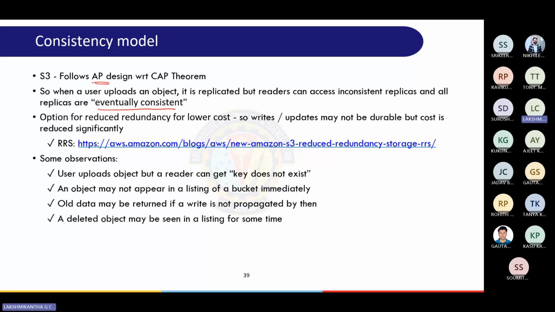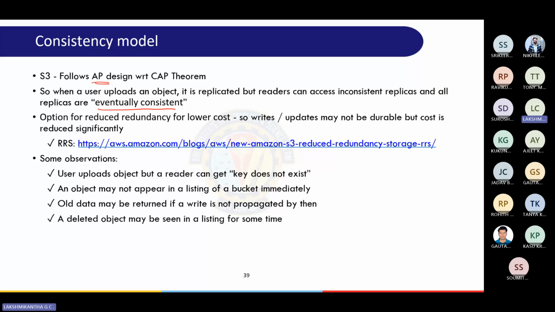So when a user uploads an object, it is immediately replicated across multiple storage devices and even multiple availability zones. The system is designed to return read success quickly. But readers may access inconsistent replicas temporarily. See, all replicas are eventually consistent here.